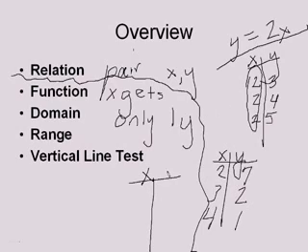What about this one? X, Y. 1 goes with 3. 2 goes with 4. 3 goes with 3. Function or not? You decide. Are you sure? 1 goes with 3. Is she seeing anyone else? 2 goes with 4. Is 2 seeing anyone else?